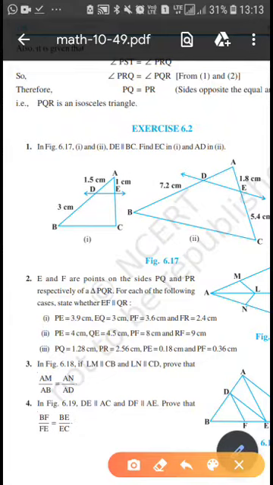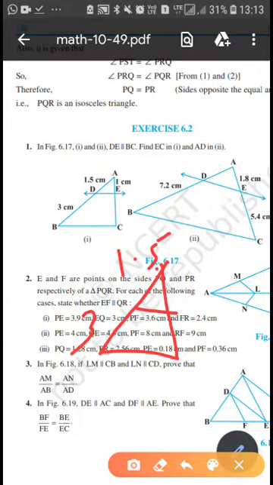Here in this triangle ABC there is another line DE. Here the value is 1.5, here the value is 3, this value is 1, and what is the value of this? This value is question mark. It means the value of EC is the question.